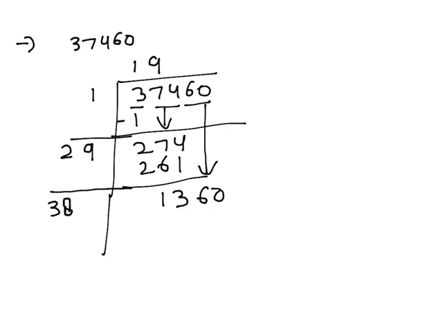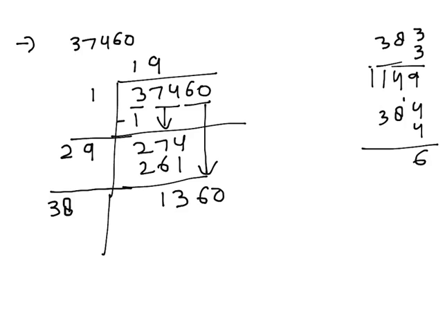So next we have to find out a digit that gives a number much closer to 1360. If we go with 383 times 3 it will give 1149. If we go with 4, then it will give 4 times 4 is 16, is 32, is 1536.